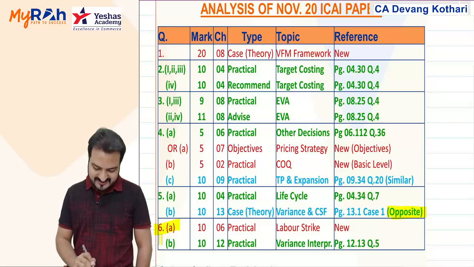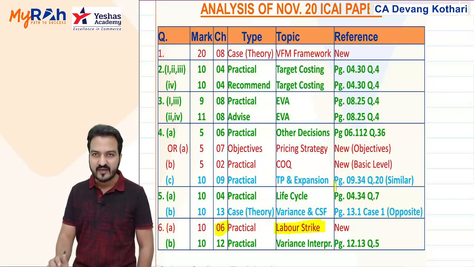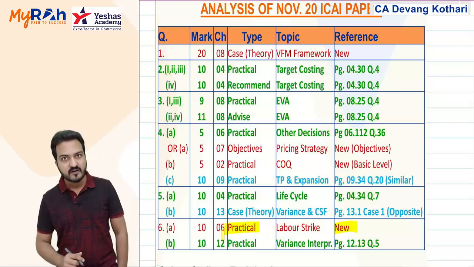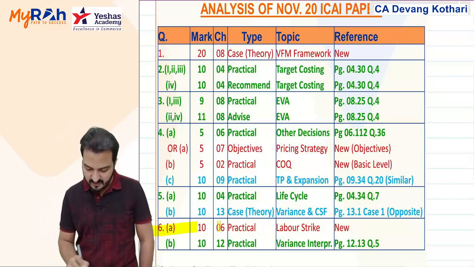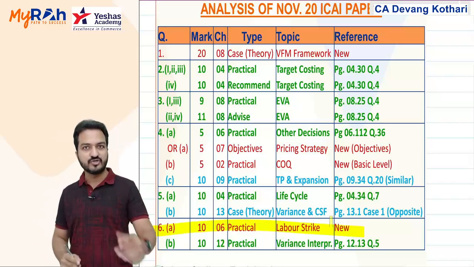Question 6a is a new question from chapter number 6, decision making. It is about laborers going on a strike, and I have marked this as a new question. But unfortunately this question I had already given in my earlier version of the book.